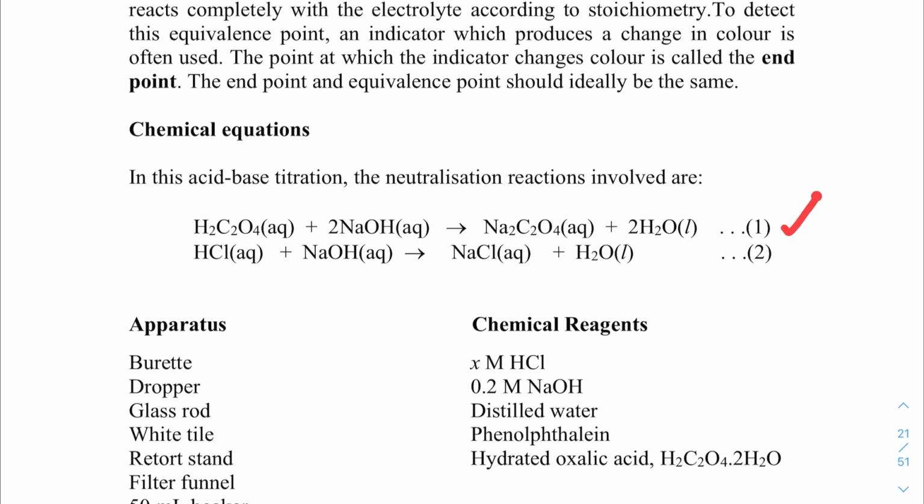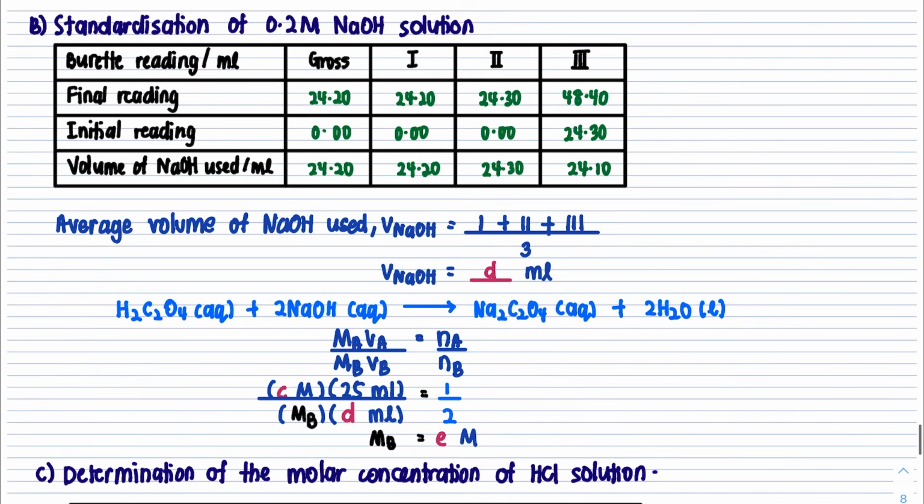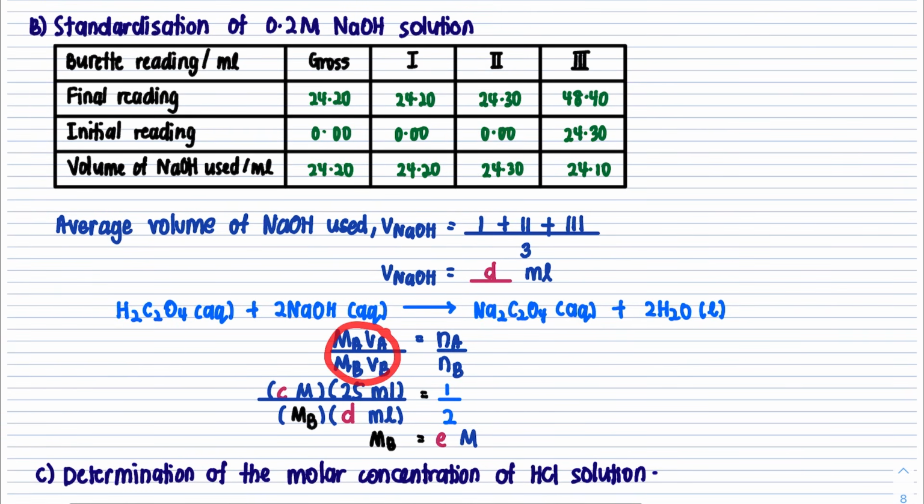This is the equation between our oxalic acid and our NaOH solution. From here we can calculate the molarity of our base. We are going to use MAVA over MBVB equals NA over NB, where A stands for acid and B stands for base.